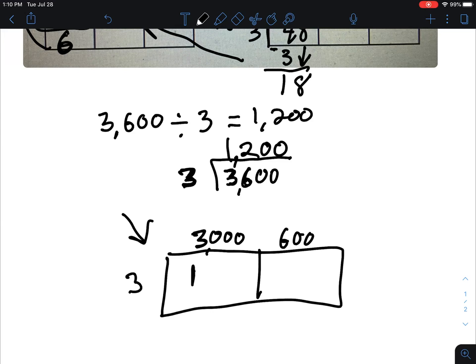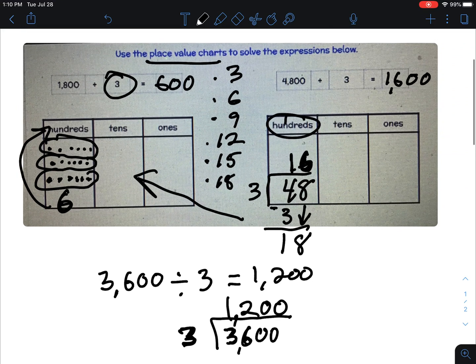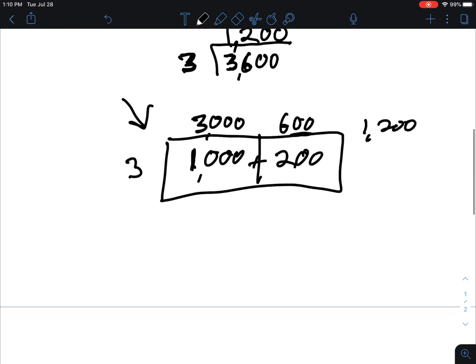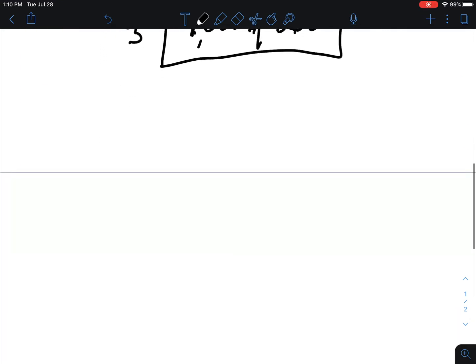Or if you wanted to use an area model like down here, same thing. I could do how many 3's go into 3? 1. And then I have to add my 3 zeros. How many 3's go into 6? 2. And I have to add my 2 zeros. I add them together, and there you go. So there's 3 different ways you can solve these.